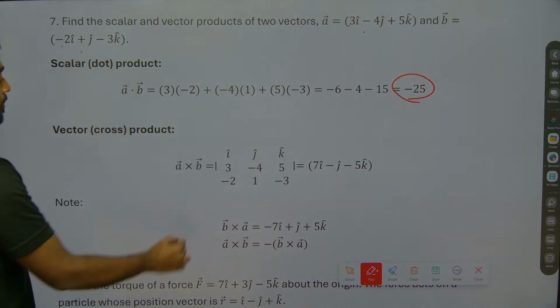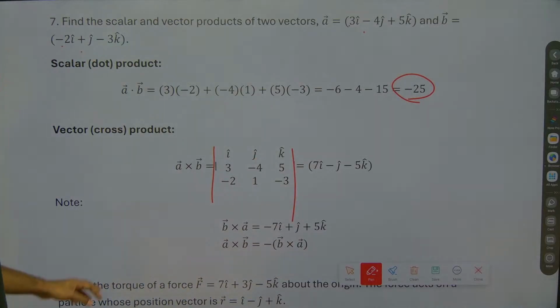For the vector product, we need to take a determinant. So I will explain how to do this one.